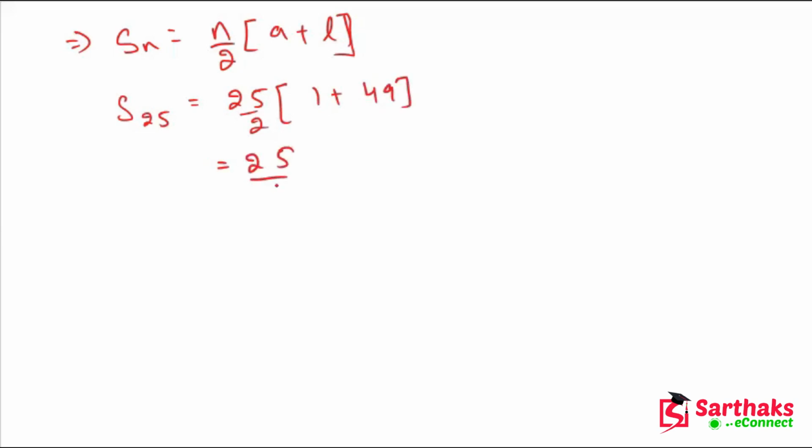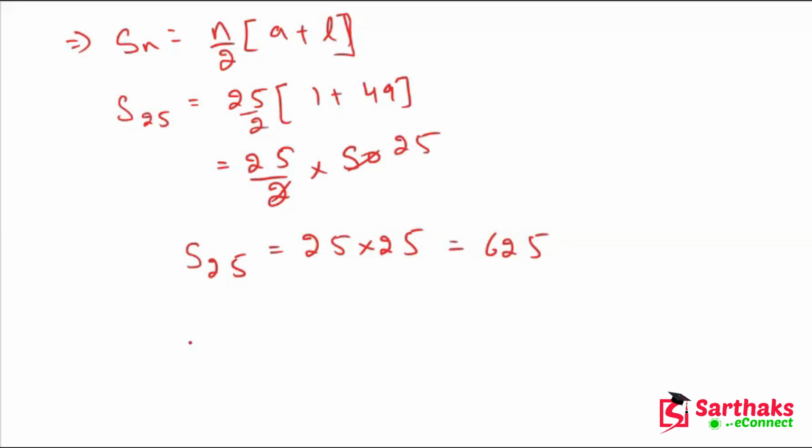Okay, 25 upon 2 into 50, and 50 goes 2 times, 25 times. So we get S25 is equal to 25 into 25. So if we multiply it, we get 625. So the result is 625. This is our answer.